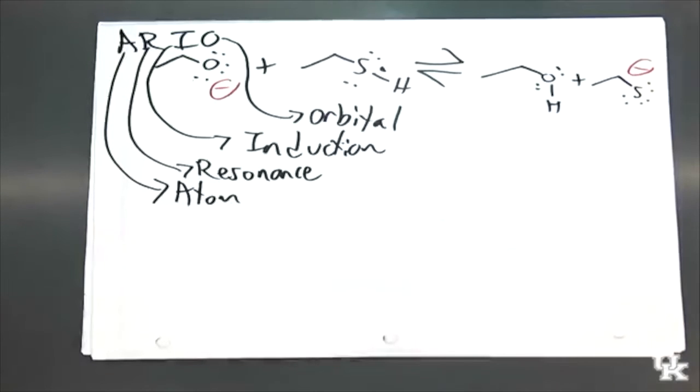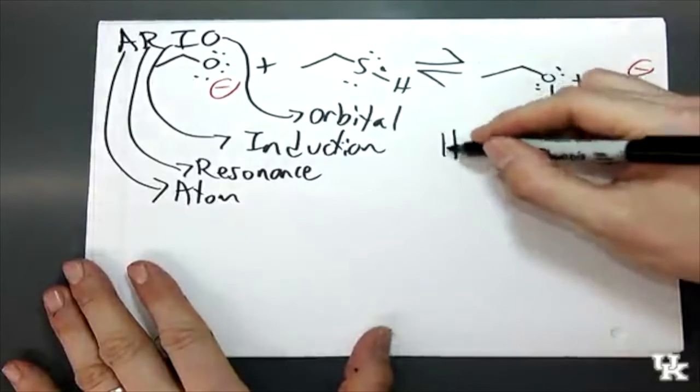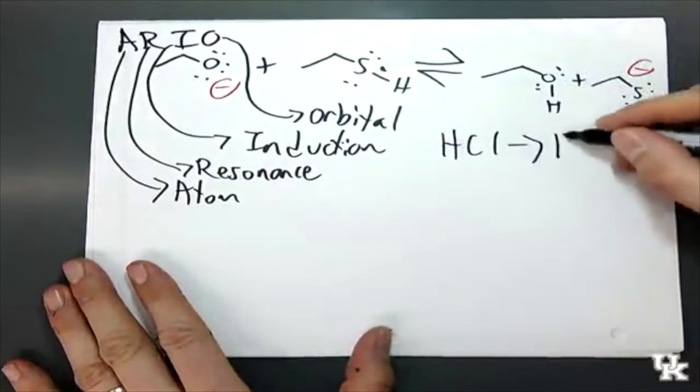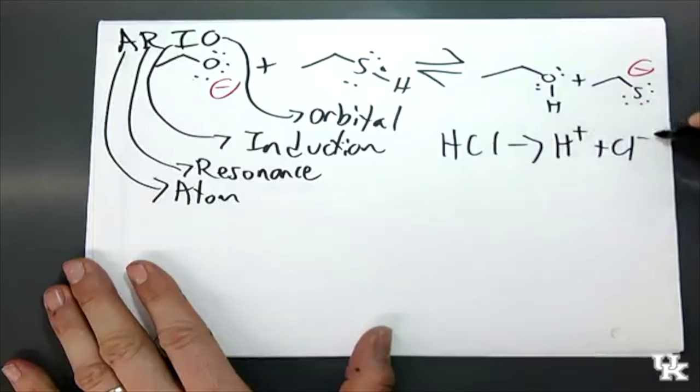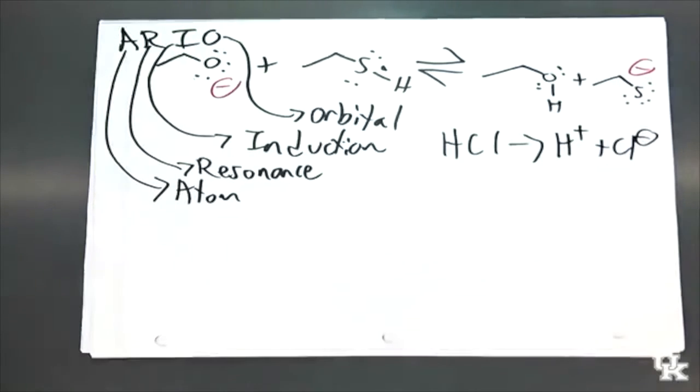A stronger acid means a weaker conjugate base, right? Do you remember from our example of HCl? HCl dissociating completely to give H plus Cl minus. And this happens because Cl minus is a very bad base that basically doesn't do anything. It's super stable. That's because HCl is such a good acid.